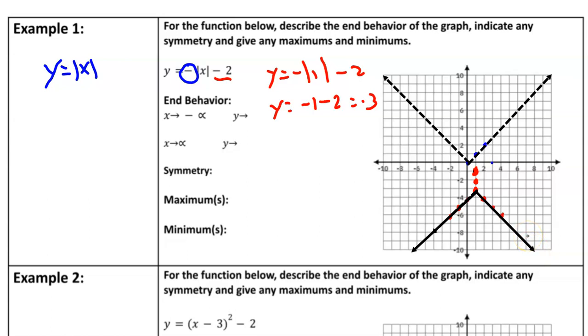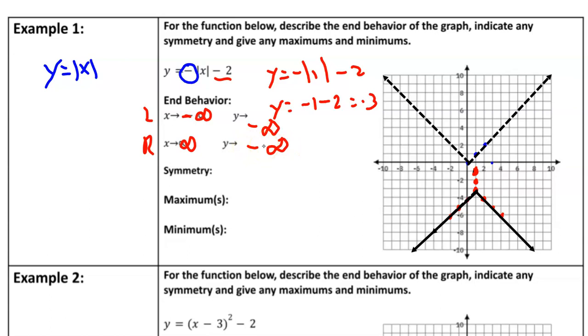Okay, so if I look at my end behavior, as x goes to negative infinity, y is also going down, so it's going towards negative infinity. This is the left side, this is the right side. On the right side, x is going towards positive infinity, and y is going down as well.